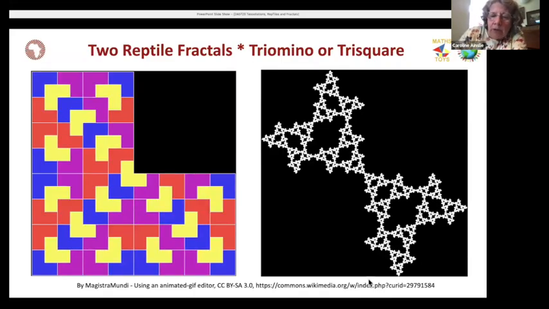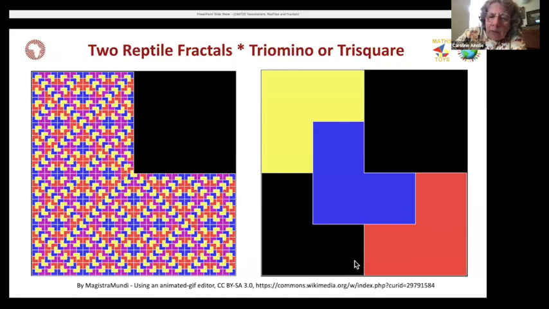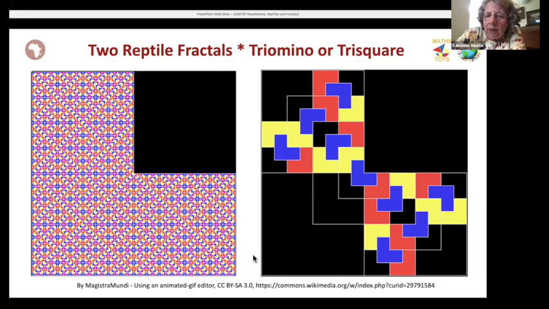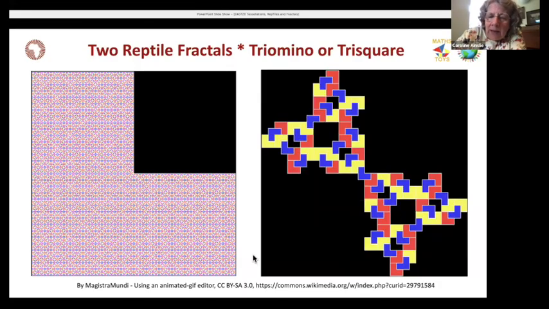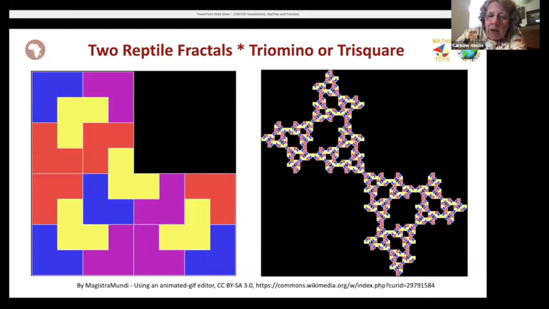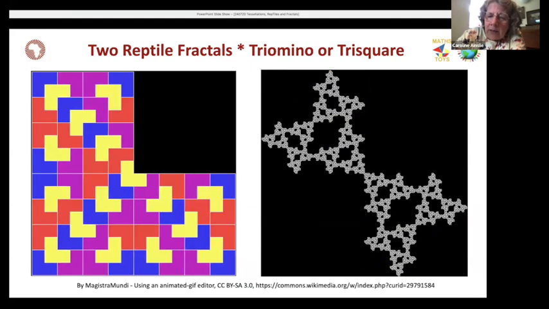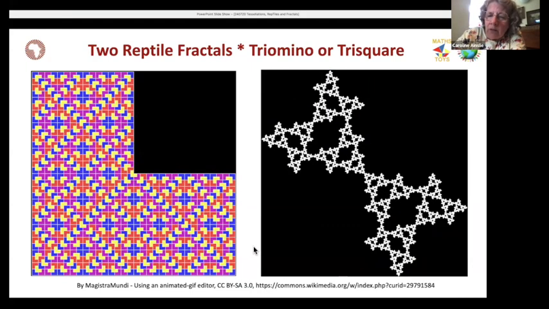And if you notice, you've got the 4 colors in one and 3 colors in the other, and as they get more and more detailed, the 3-colored one on the right ends up as just white.